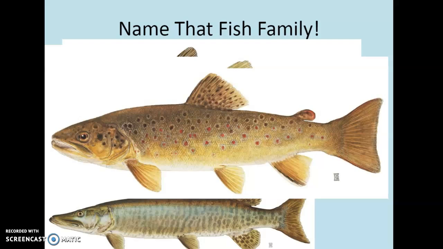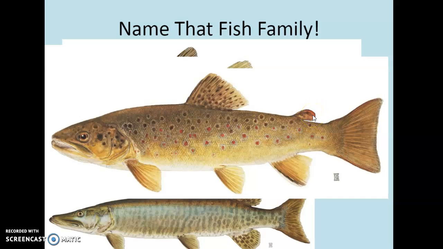Another family of fish in Minnesota. So this is a trout, and trout would be in the salmon family. And they don't have barbels, but they do have an adipose fin. And so if you see a fish, it's kind of torpedo-like, doesn't have the two-part dorsal fin, doesn't have barbels, but it does have an adipose fin.